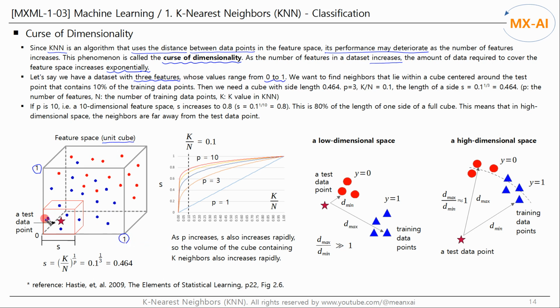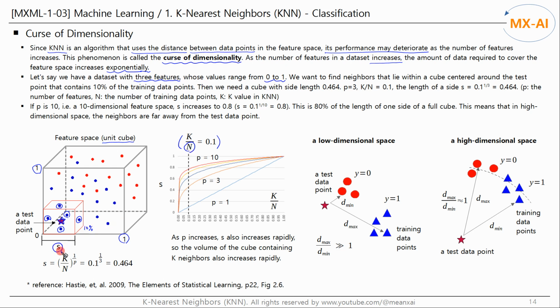We want to find neighbors that lie within a cube, centered around the test data point, that contains 10% of the training data points. That is, we want to set the k value so that the value of k over n is approximately 0.1. N is the total number of training data points.